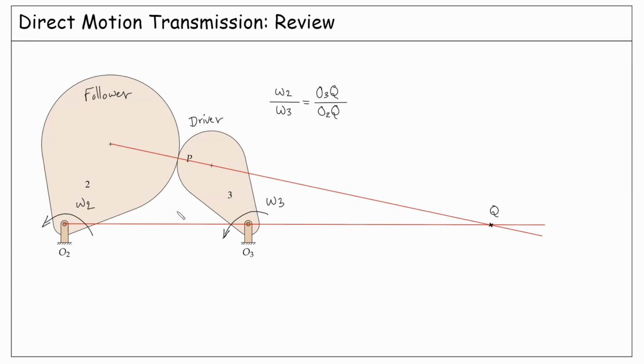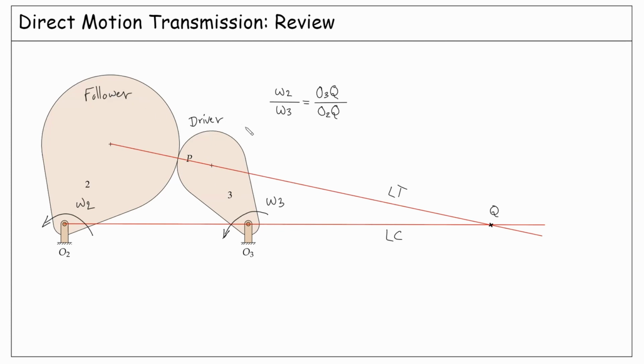Let's first make a review of our formulation. It says when motion is transmitted between two rigid bodies, we can define and draw a line of transmission as well as a line of centers between the two bodies we consider as the driver and the follower.